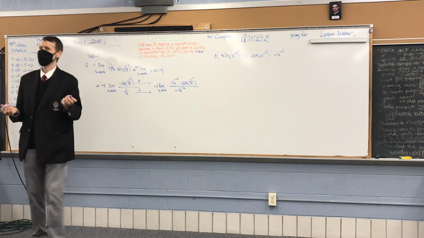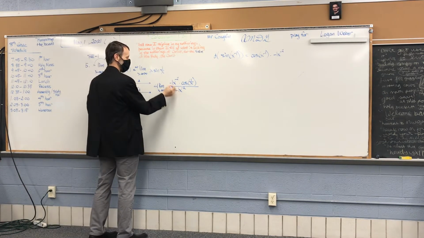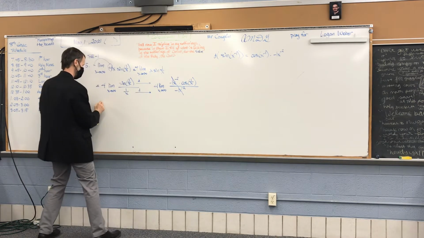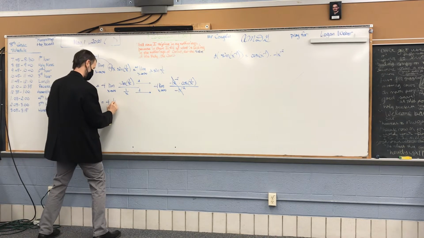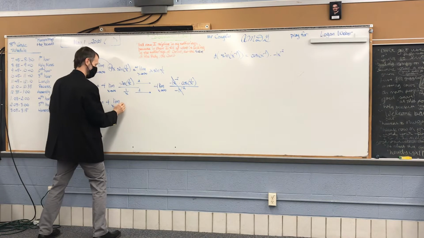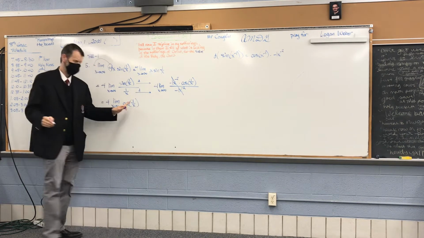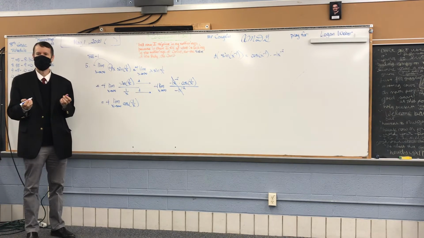You notice something happened? Yeah, the x's cancel, the negative 1's cancel, bam. So all we're left with, that's super duper nice. I wish I found that earlier. So it's now 4 times the limit as x approaches infinity of cosine of 1 over x. What's 1 over x as x gets huge? 0.